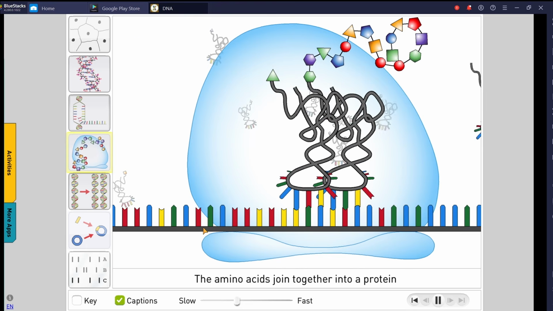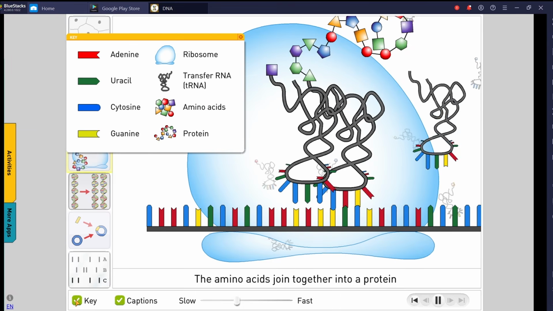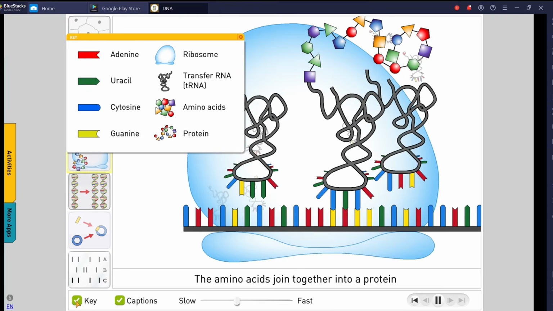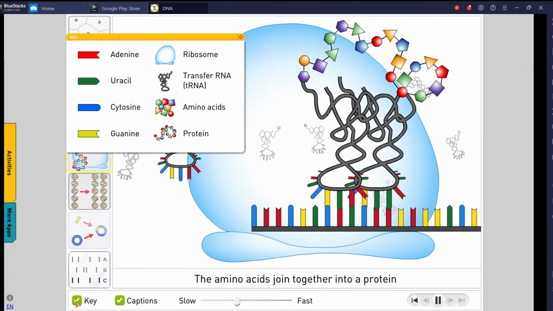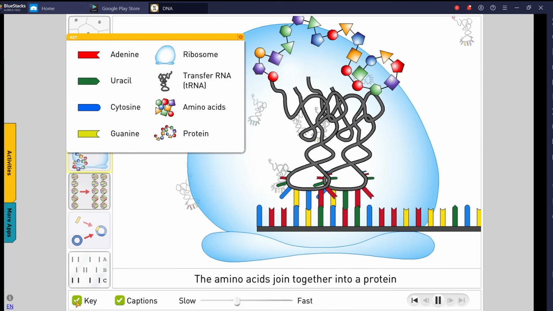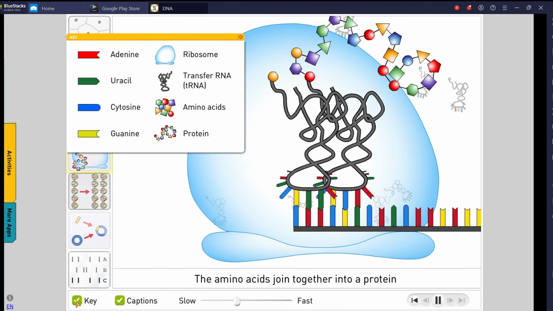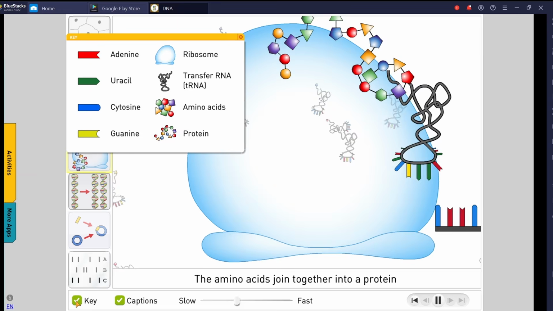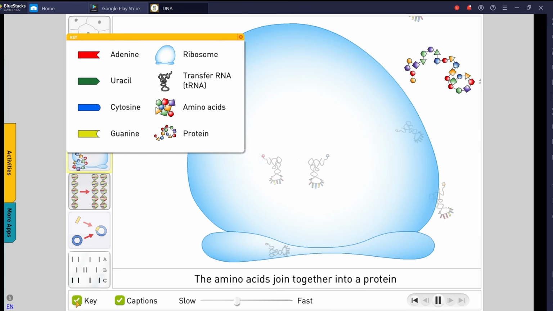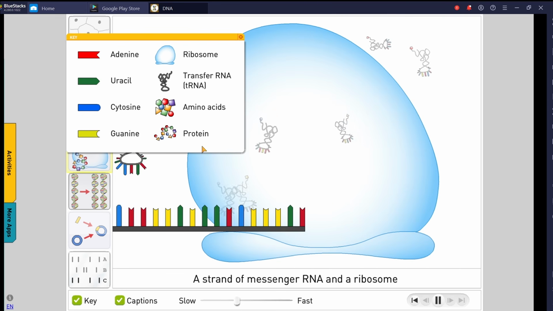We can see here that each tRNA would have the amino acids, and once na matapos niya tong buong strand na yan, nagdudugtong yung mga amino acids to become the peptide chain, and eventually, if you have a lot of that, you will be having the protein.